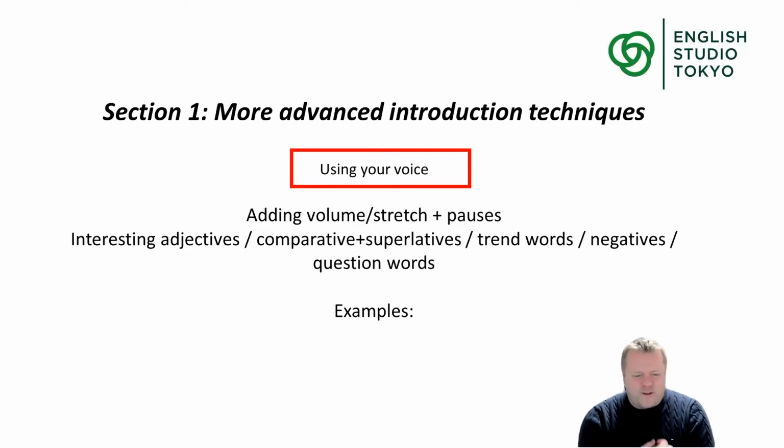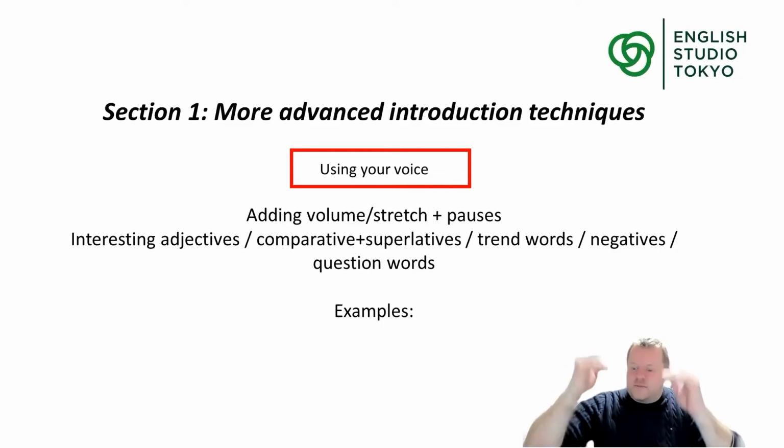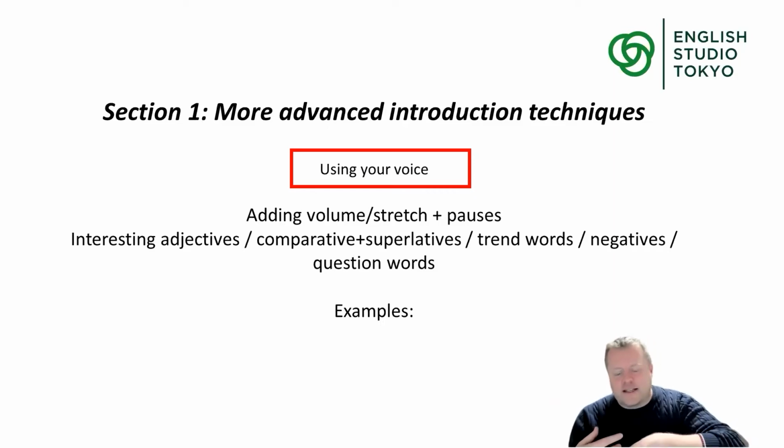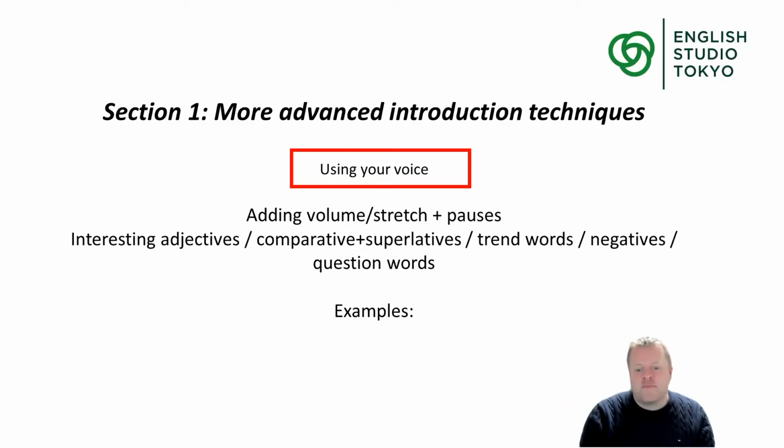So when do we pause, or when do we add volume to our words? Well, I typically add volume and I stretch adjectives, interesting adjectives, not boring adjectives. Comparatives. So comparatives are things like better, faster, taller, more expensive.